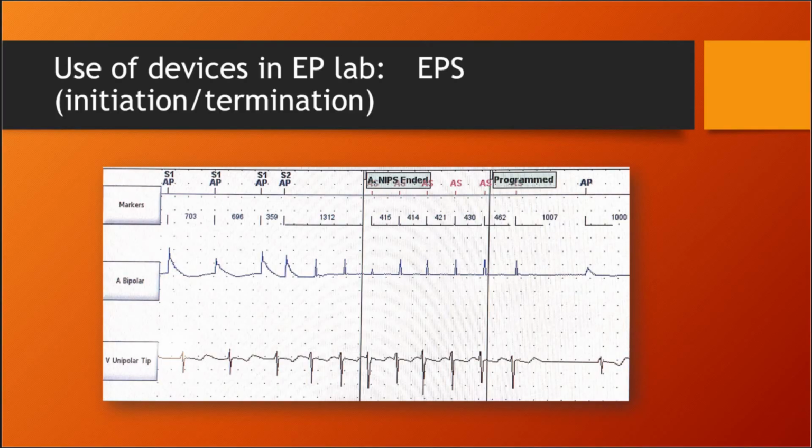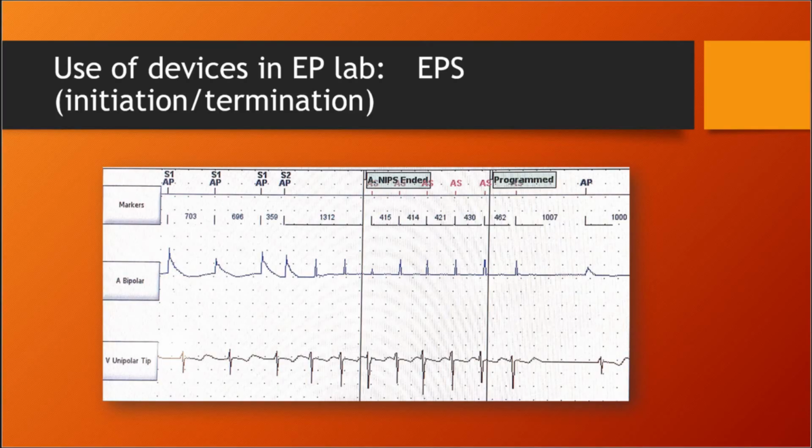Luckily, we knew that this woman had a dual-chamber pacemaker with an atrial and a ventricular lead, and in this case, we were able to use her pacemaker device to do an atrial drive at around 700 milliseconds.